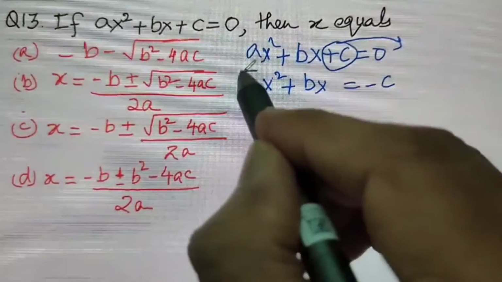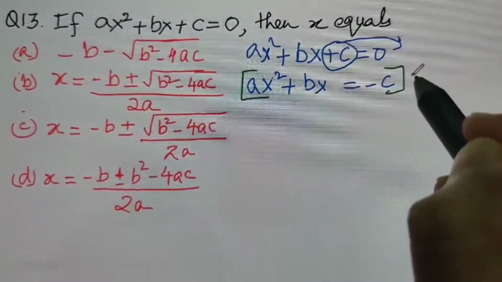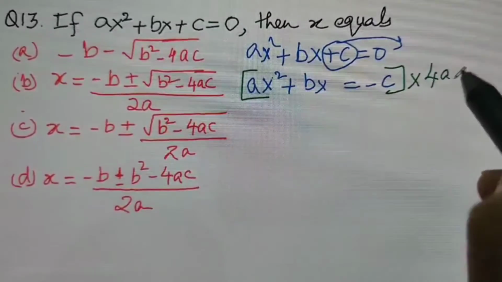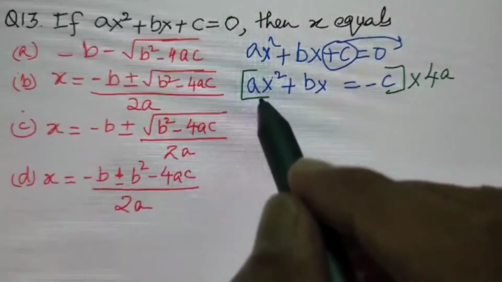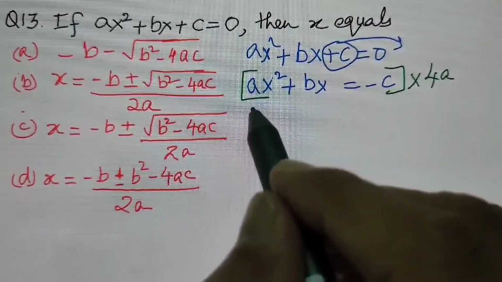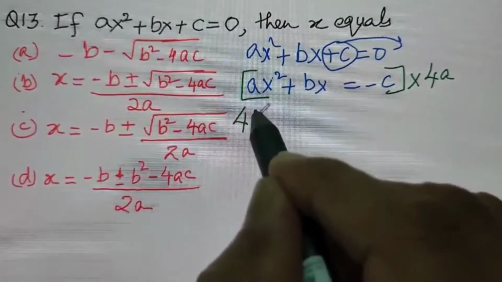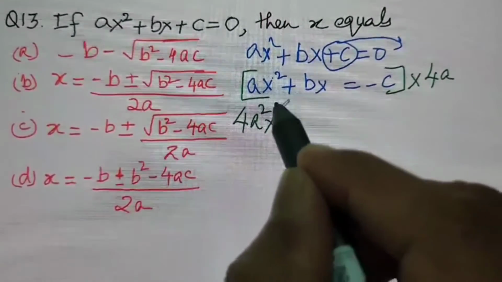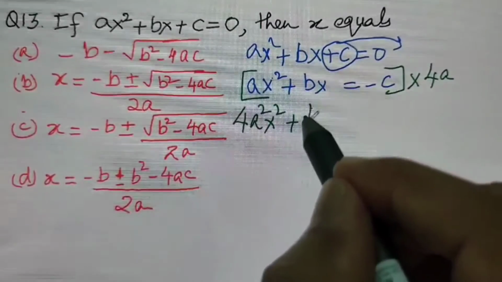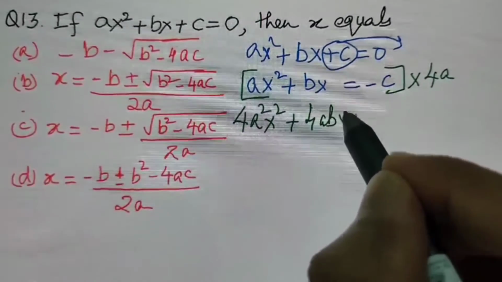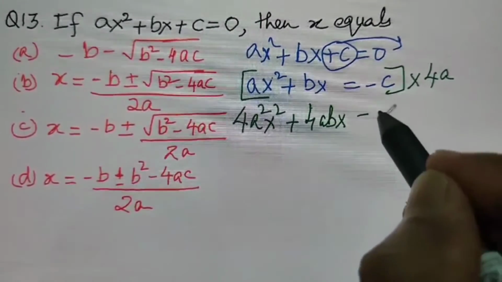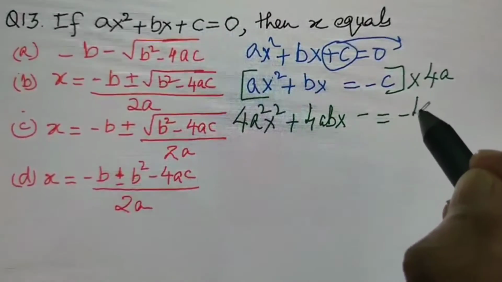Now the next step is going to be to multiply both sides by 4a. Well, there are many methods of doing this question. I am just stating one of them. Now this becomes 4a square x square plus 4abx, which is equal to minus 4ac.